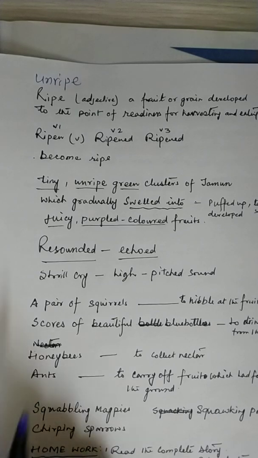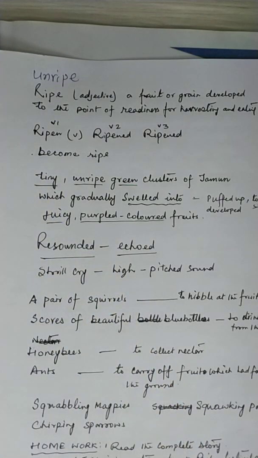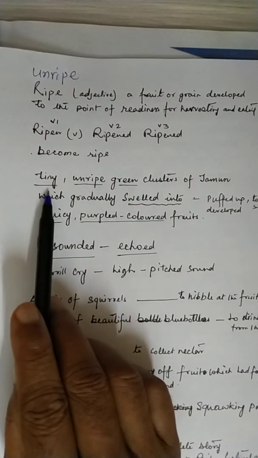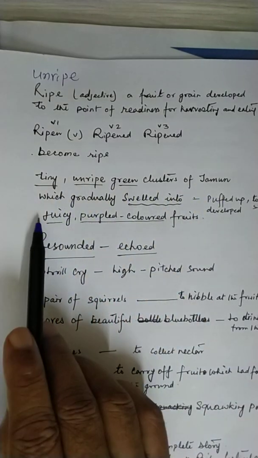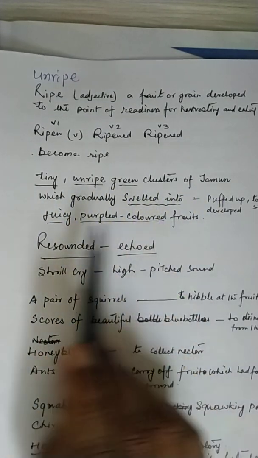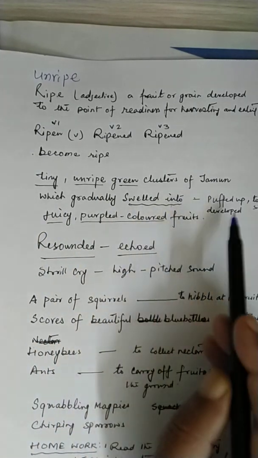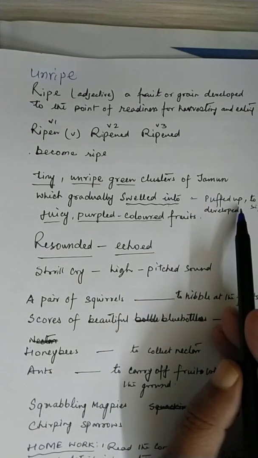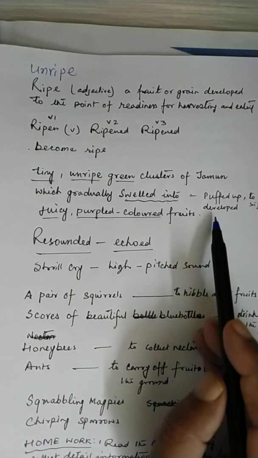Very important. Now here the writer actually described how the fruit appeared first and then it developed to its full size. So he used different adjectives. Tiny unripe green clusters of jamun which gradually swelled into juicy purple colored fruits. Now swelled into means puffed up or to expand in size or volume, or we can say develop.